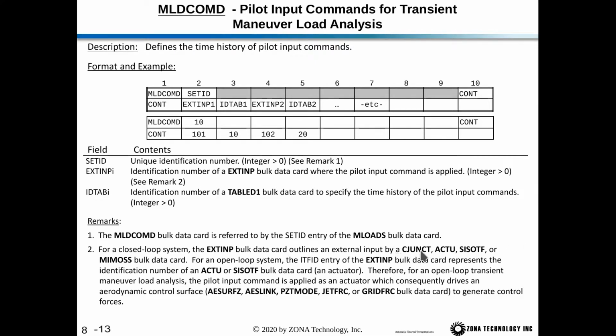So you could have a simple CJUNCT with a 2-input single output CJUNCT card where the first input is the closed loop controller, and then the second input is from the external input bulk data card. And then that CJUNCT will add together those two signals, and then that will command the elevator.